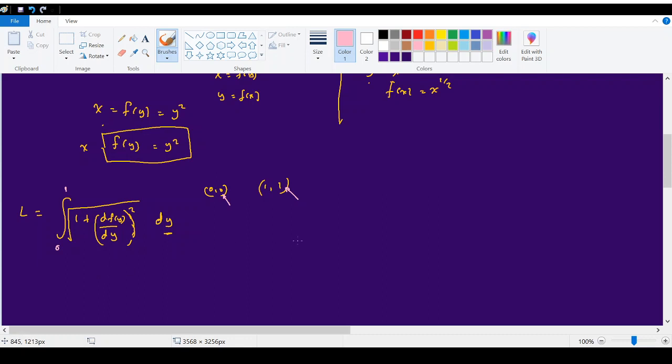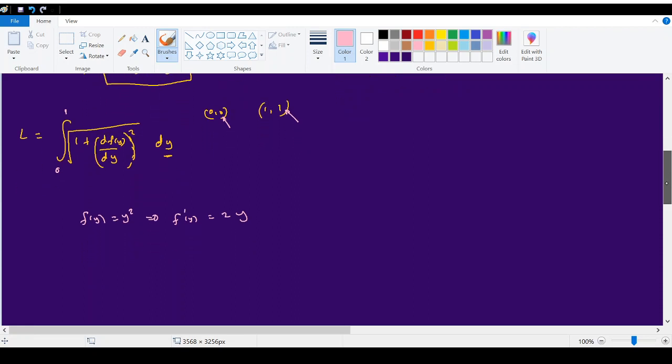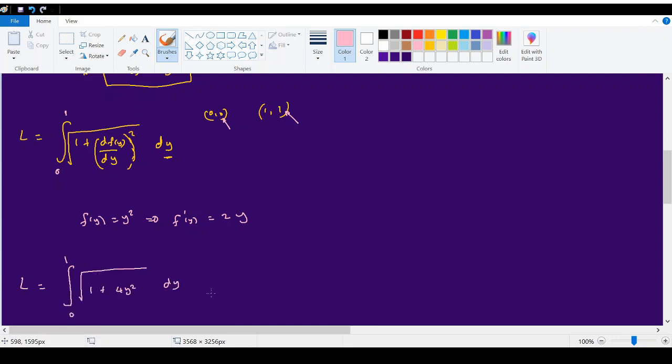Okay, now we just have to evaluate the derivative first. We will do it separately. So since f(y) is equal to y squared, that implies the derivative f prime(y) is equal to 2y, and so if we substitute that in our length formula, then it becomes this one, right?